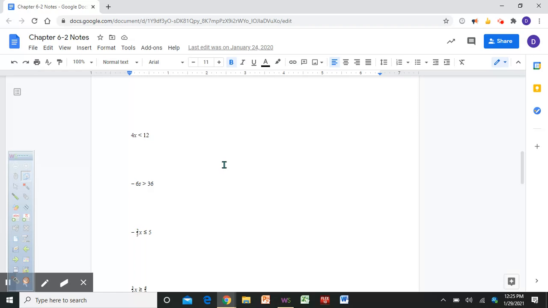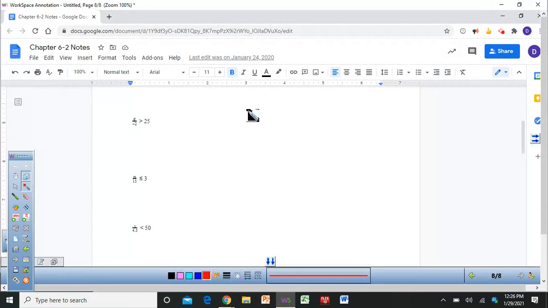Okay, I do get a lot of questions. Let's just say I change my equation a little bit. Let's go with r divided by 7 is less than negative 2. I'm going to have to multiply by 7 on both sides to get rid of this. But I am not going to flip my sign because, like I just said, the number that I multiply on is positive.